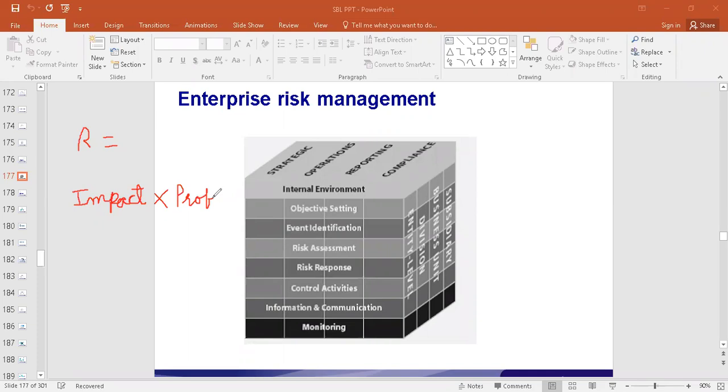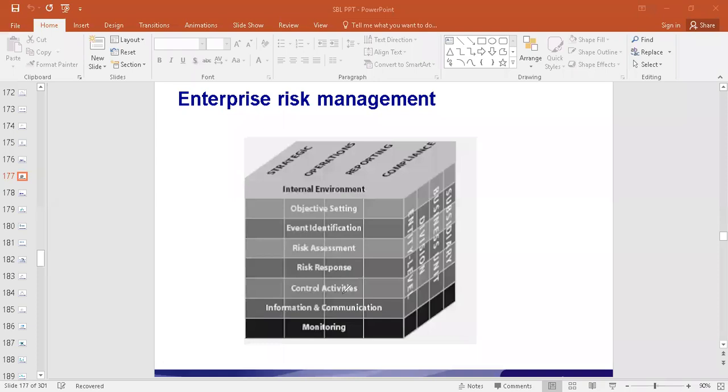Then we decide when to adopt any of these four strategies. The attitude can also be in terms of transferring the risk to a third party. But it cannot be anybody, only those that have this coverage of insurance by paying a premium, so that the risk can be transferred. So the framework is called the TARA framework: transfer, accept, reduce, avoid. So that is the risk response.